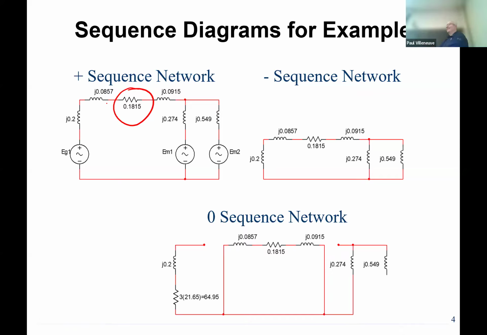It's not that hard. This should be something you can do very, very quickly. What is the actual ohmic value of the transmission line that connects transformer 1 to transformer 2?